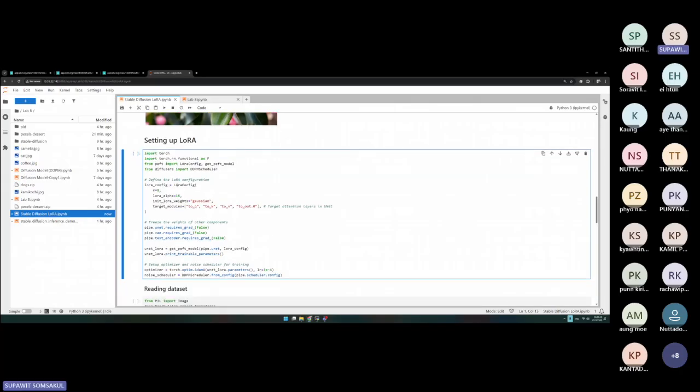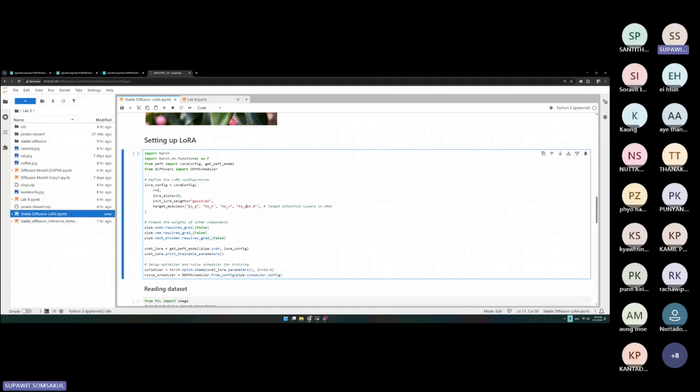And we set up the LoRA. We use the rank of the LoRA matrix as 8 and the scaling factor of 16, init weights by Gaussian, and we are going to target the Q, K, V and out modules of the UNet in this diffusion model.